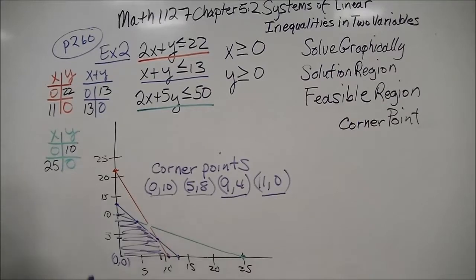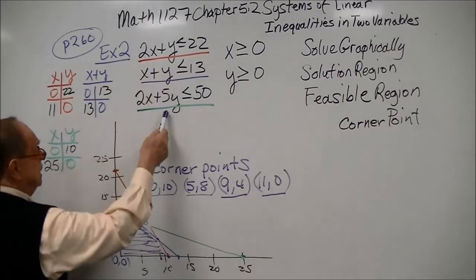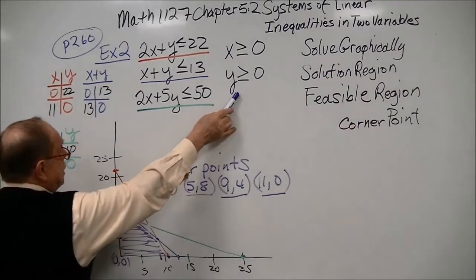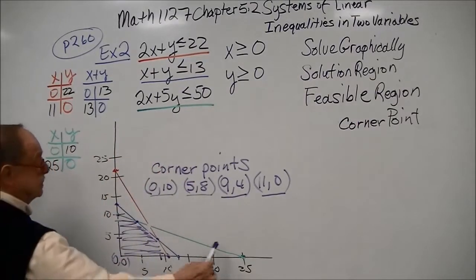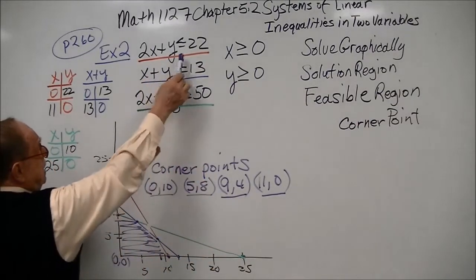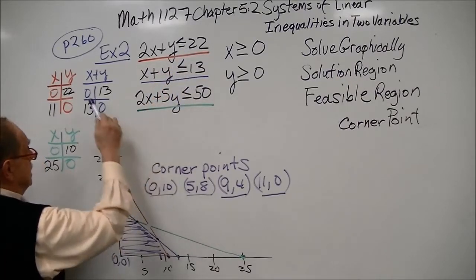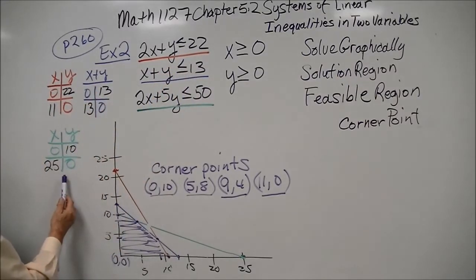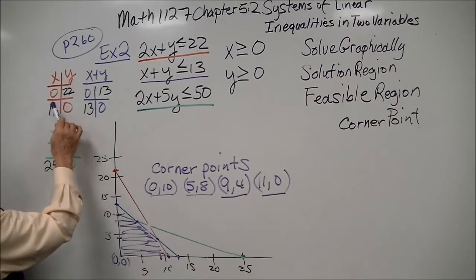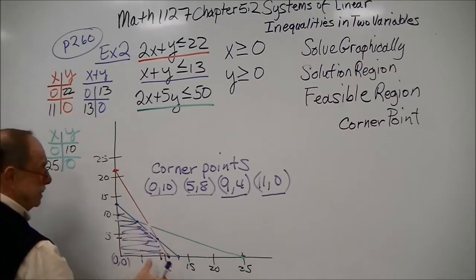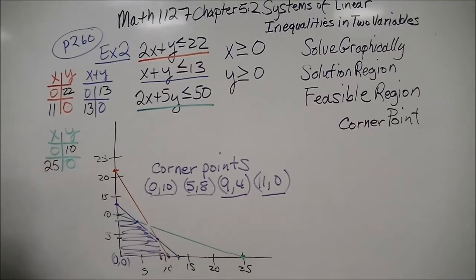So our strategy for doing example 2, we've written the inequalities out. We have our qualifiers. We know it's in the first quadrant. We want to find the X and Y intercepts of these. We made our little T charts. Then we carefully plotted this into our graph, and graph paper is very useful here.